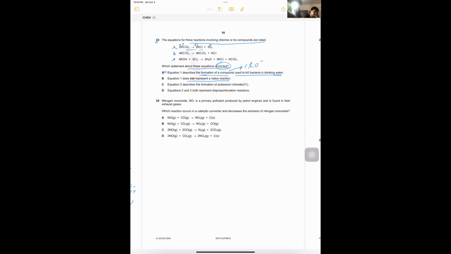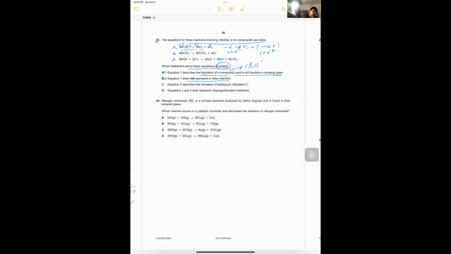Oxygen is -6 and this is -1. So I can see that the oxidation state of oxygen has increased by +6 from -6 to 0, and the oxidation state of potassium has decreased from +7 to +1, which is reduction, and this is oxidation. So that is why I would say this is wrong as well.